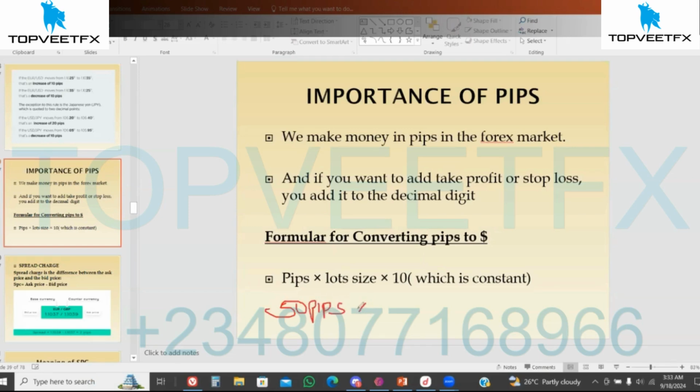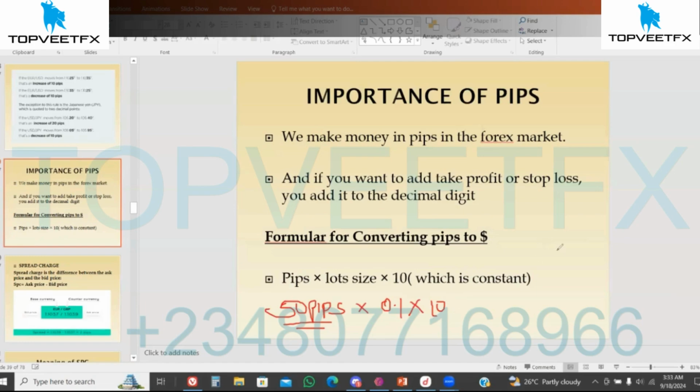and your lot size is 0.1. Then times 10. This 10 is constant, but you can change 50 pips. You can say it is 10 pips or 100 pips or 1,000 pips. You can change the lot size, if you don't want to use 0.1, it can be 1.0 or 0.5 or 0.01. This 10 is constant.